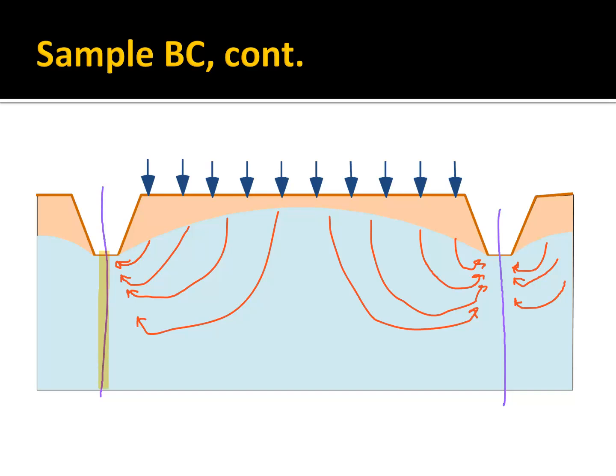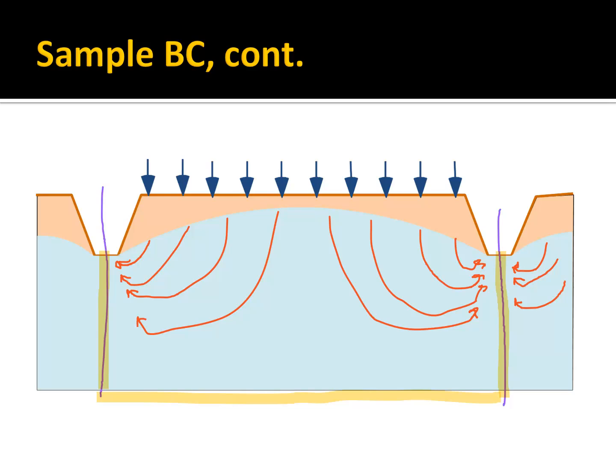And down here at the bottom, we have an impermeable base. That's a no-flow boundary condition. And then this right here is a no-flow boundary condition for the same reasons we talked about on the previous slide. It's a line of symmetry. We have equal water coming from the left and the right. Therefore, no water crosses that line. We can treat it as a no-flow boundary condition.